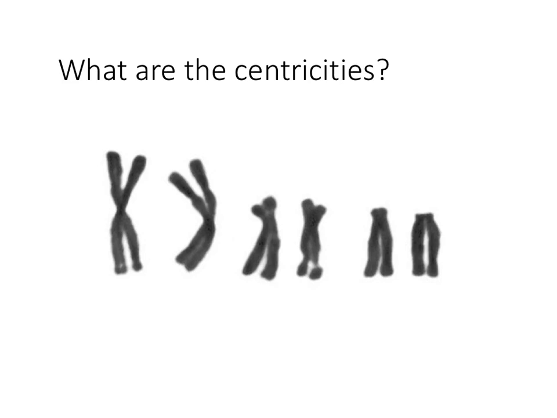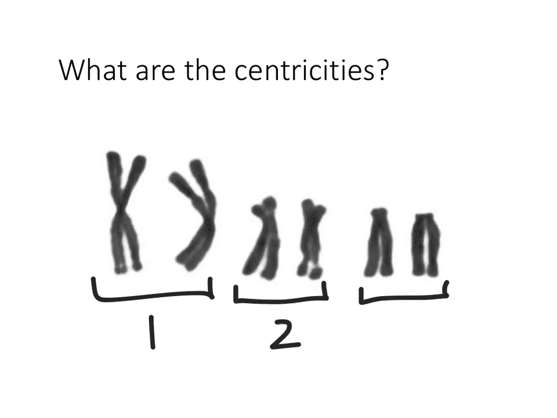Okay, last one of these, and then I'm going to end with a little story about us and our closest relatives. So here are not ideograms, but chromosomes. So what are the centricities? We've got chromosome 1, 2, and 3.